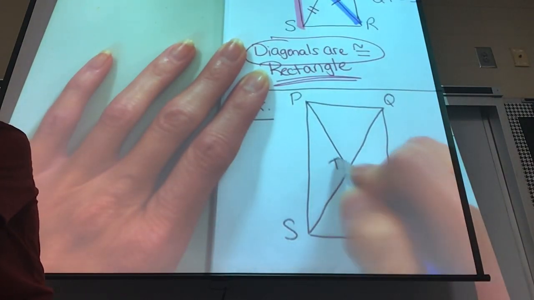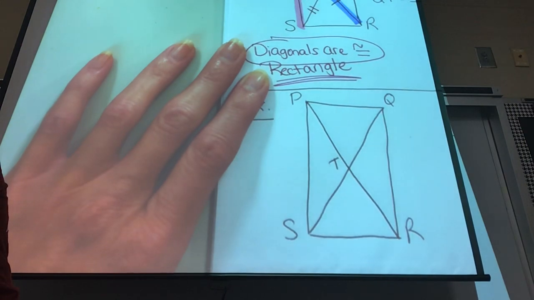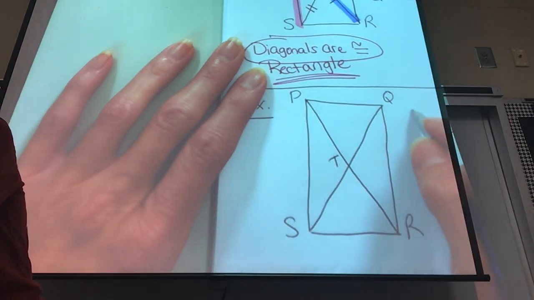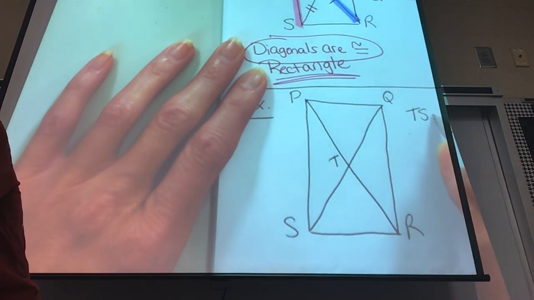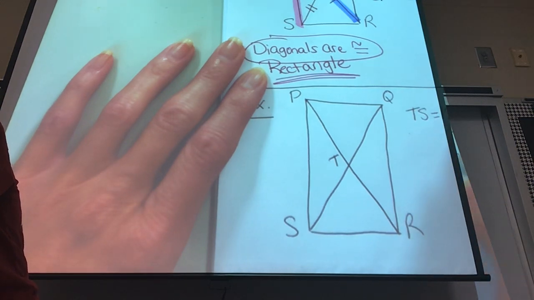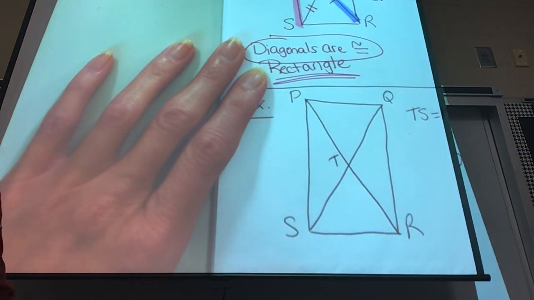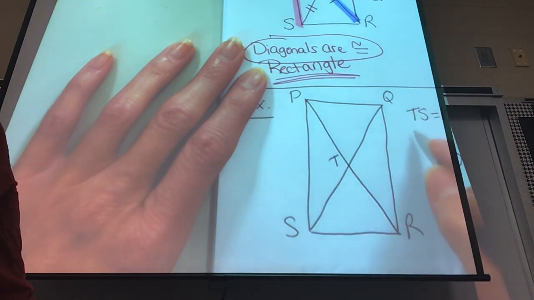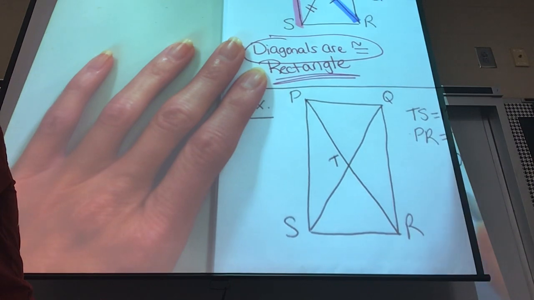We know T is still in the middle. Now, what they're telling us this time is that TS is going to equal 120 meters. So they want us to find PR.